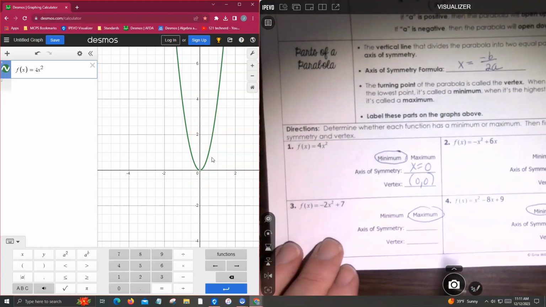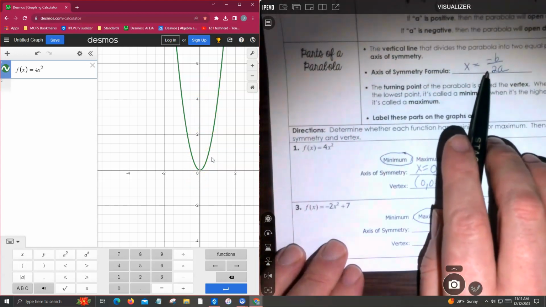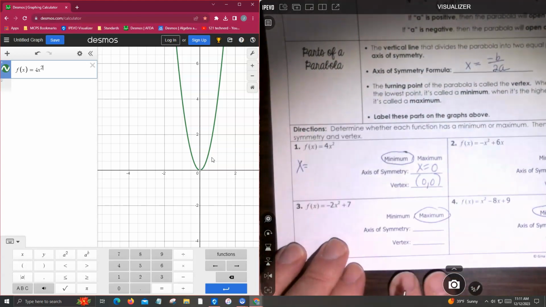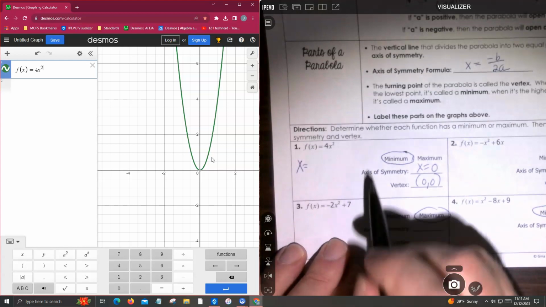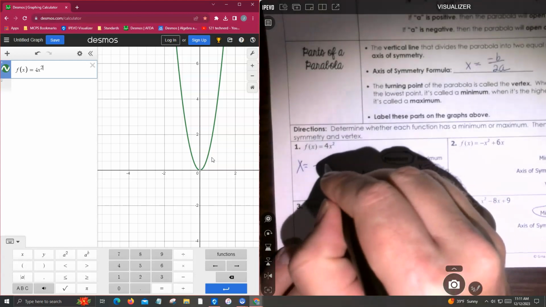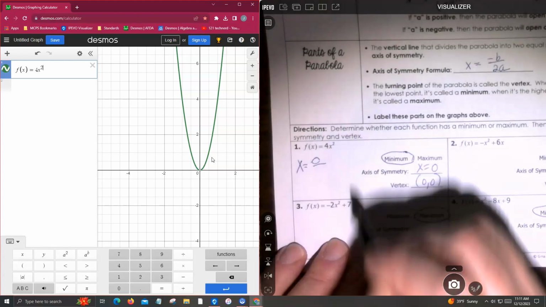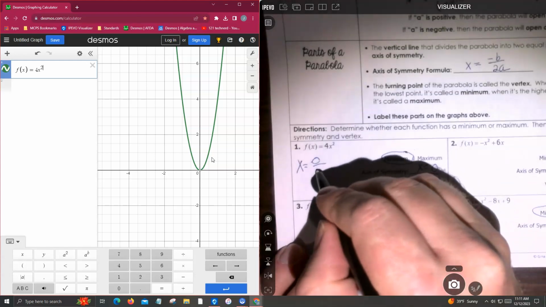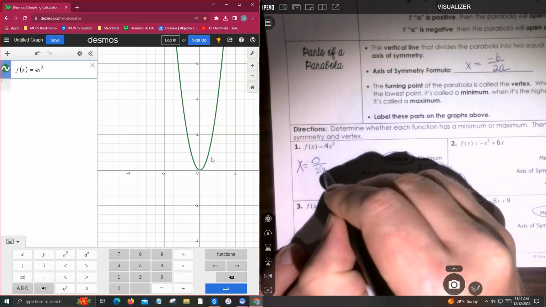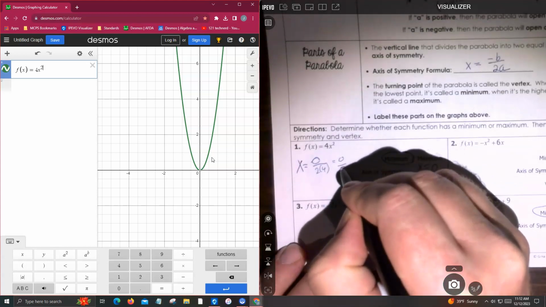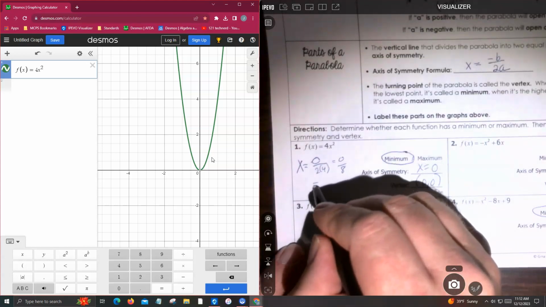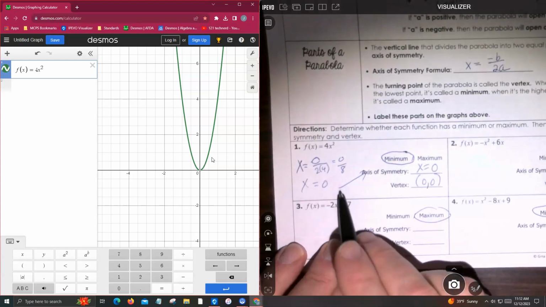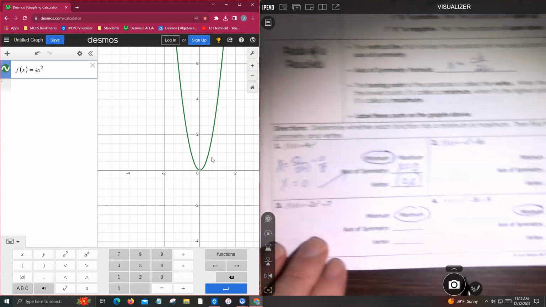Now, just to prove that, I can use this formula right here, x equals. So if you don't want to use Desmos, you could calculate it. B in this problem is already 0, right? Because there's no B term. And the denominator is 2 times A, which is 2 times 4. 0 over 8, well, 0 over anything is still 0. So that goes in here, and if you notice, that's also the x coordinate of the vertex.